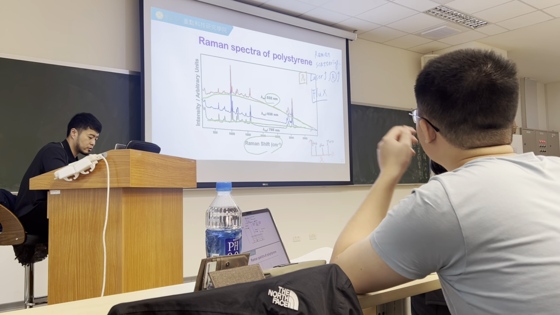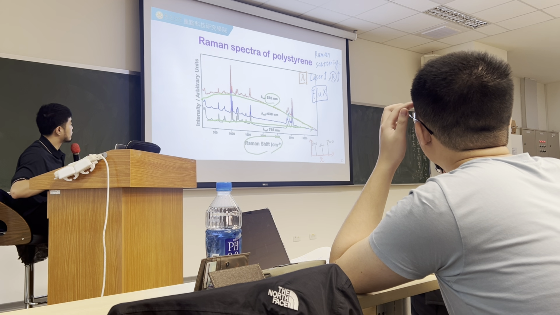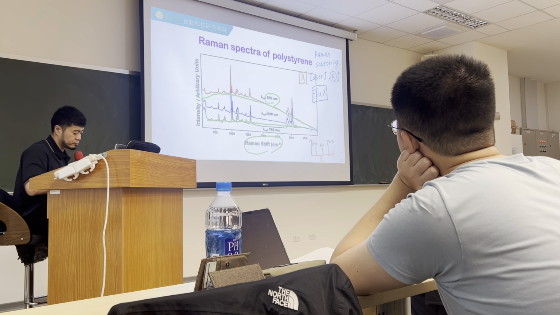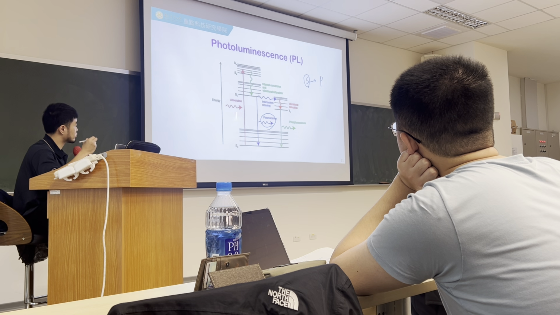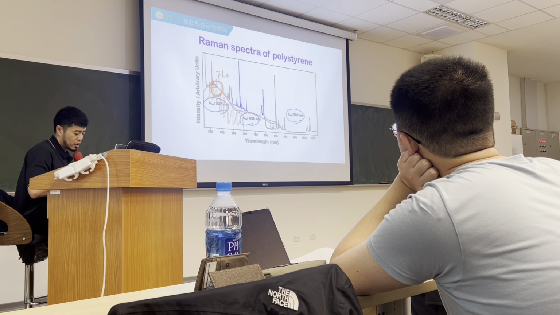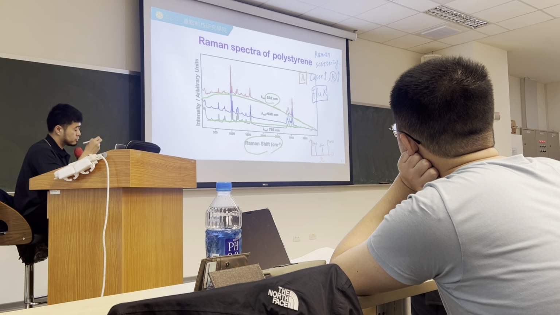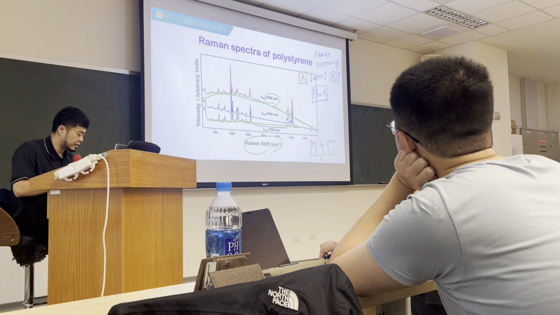That makes sense, right? Because the fluorescence only comes from the electronic state differences. You can never change that based on the laser you have. But the Raman signal is related to your excitation.